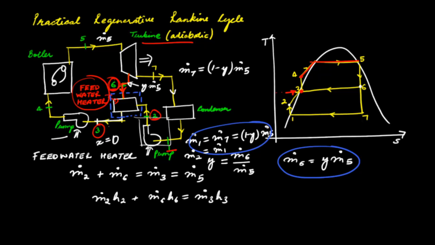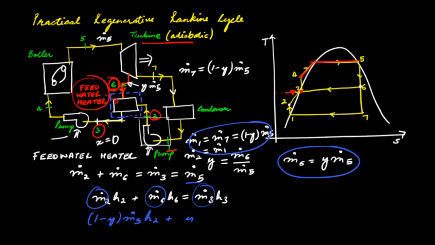H3. Now what we can do is we can write m dot 2, m dot 6 and m dot 3 in terms of m dot 5. So if we do so, this is what we'll get. m dot 2 is equal to (1 minus y) times the mass flow rate into the turbine, that is m dot 5.